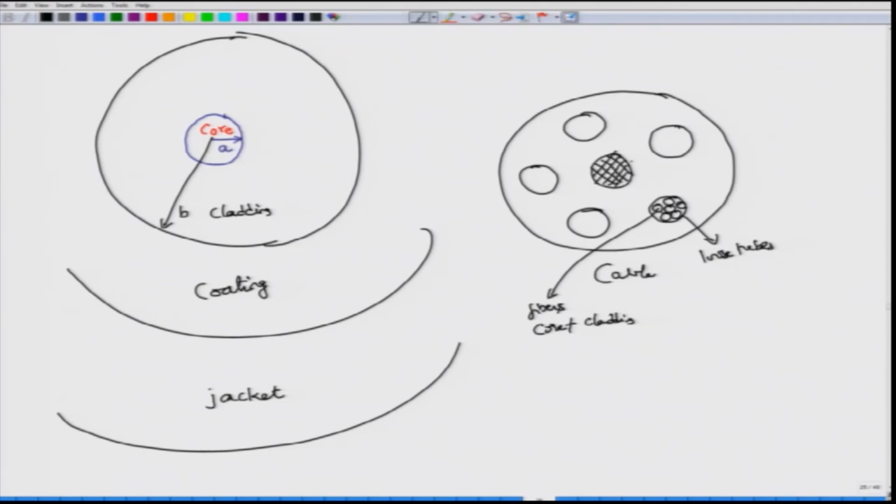This is just for mechanical support, okay, around which you have this particular cable with typically about 6 of them. Okay. I probably missed one circle, so I am going to put one circle out there. So, there are about 6 of them, not exactly, they are actually completely surrounding it, I have not shown it nicely, and each of these loose tubes themselves will have about 6 or 7 fibers.